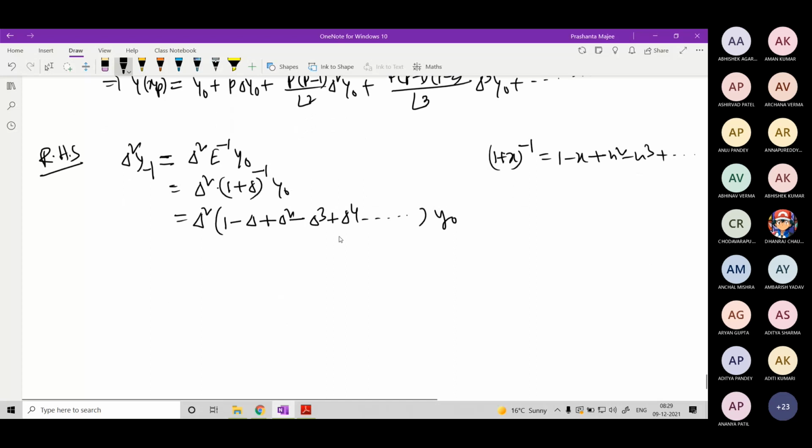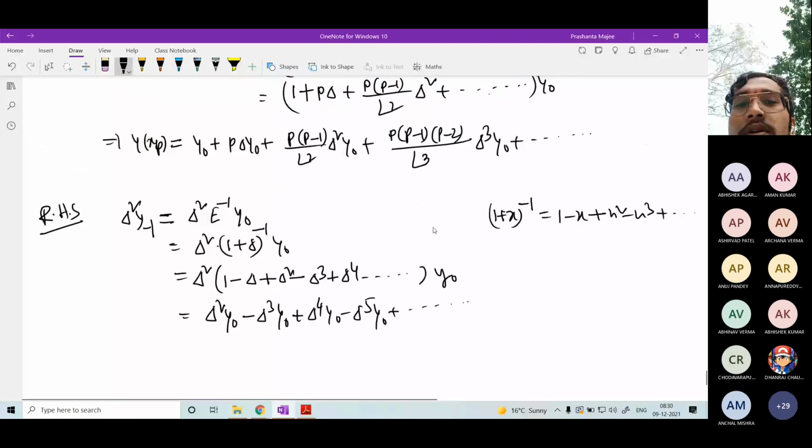Now operate delta square into this on y naught. So this will be delta square y naught minus delta cube y naught plus delta 4 y naught minus delta 5 y naught and so on. Is it okay? Similarly, what will be the next term?